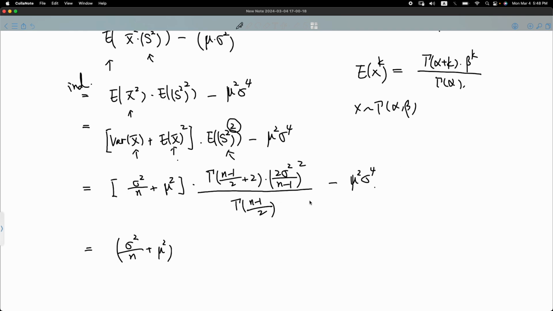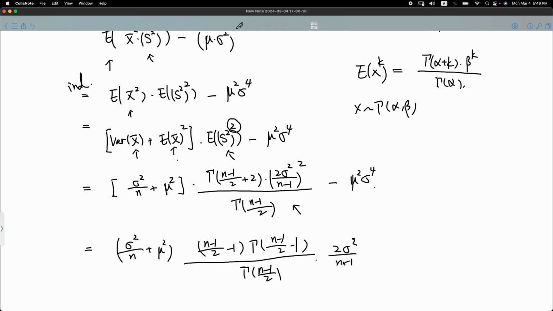There's another formula that you can use for this term here, which is the gamma function of (n minus 1)/2 minus 1 over the gamma function of (n minus 1)/2, multiplied by 2 sigma squared over n minus 1, all squared, minus mu squared sigma to the power 4.